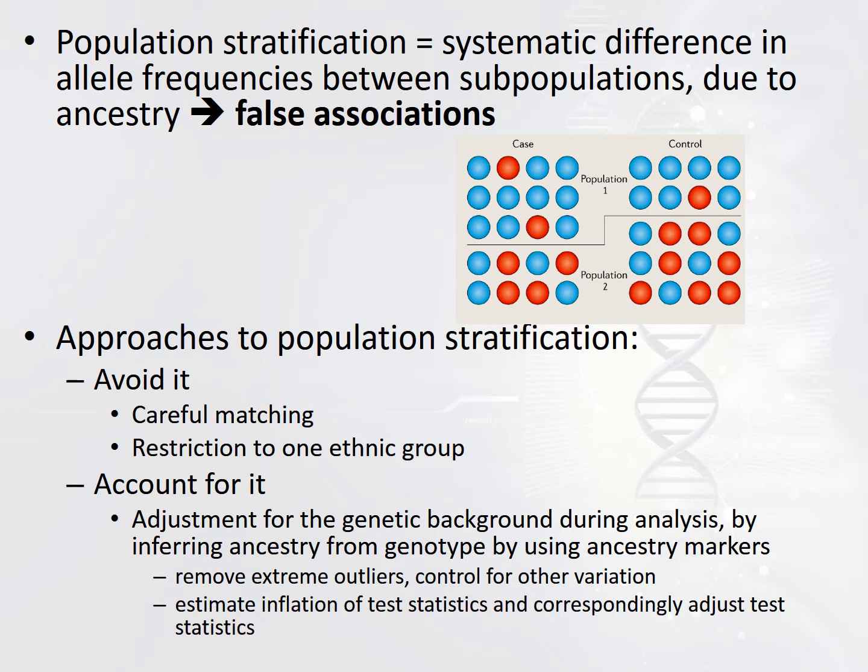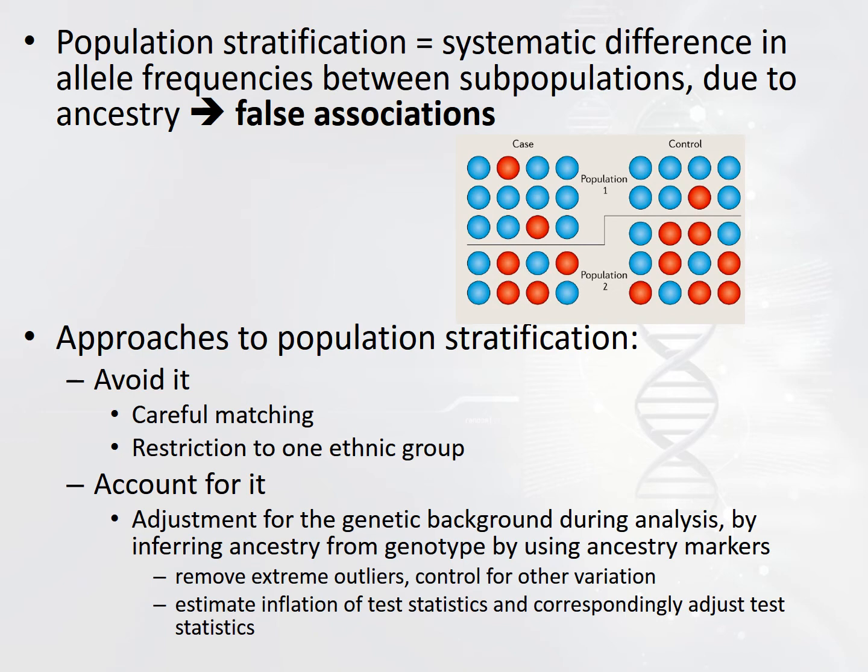Now, if you want to conduct GWAS in Israel, chances are that the cases you select, individuals with Crohn's disease, will likely be from that subpopulation of Ashkenazi Jews. However, the controls will probably not be, and will have a different ancestry.